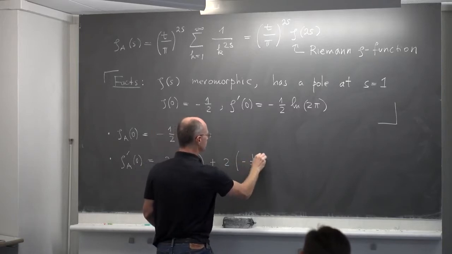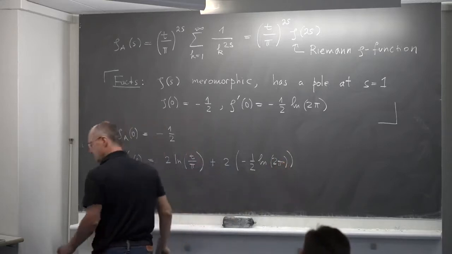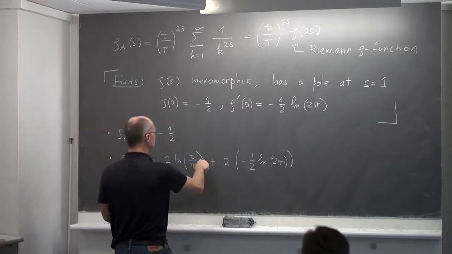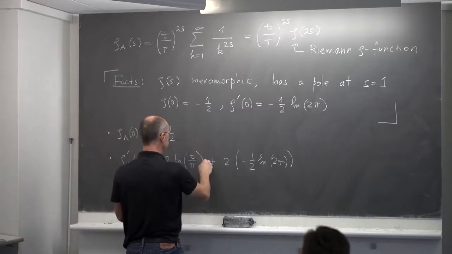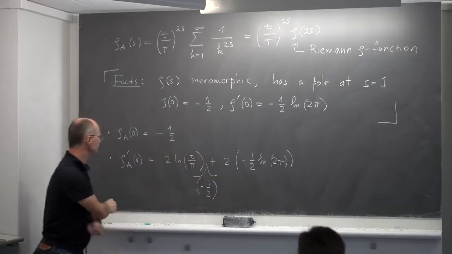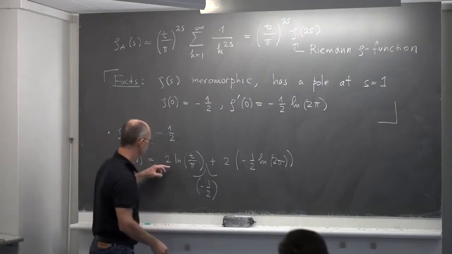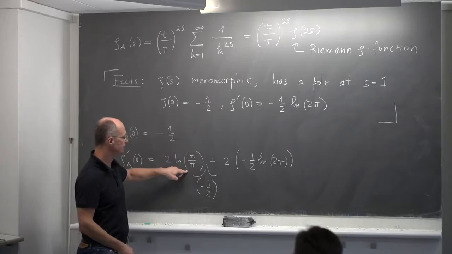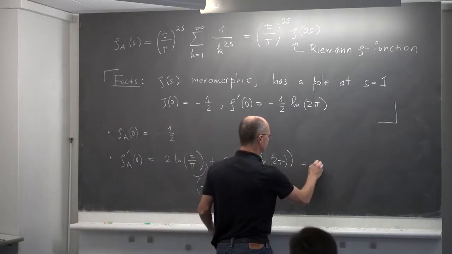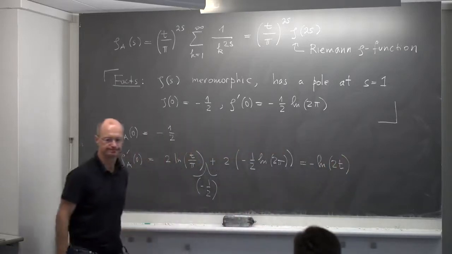Minus 1/2 log 2 pi. Is it correct? No, I think here times the value at 0, right? Times minus 1/2. So this gives us minus log t over pi minus log 2 pi, and is equal to minus log 2t.